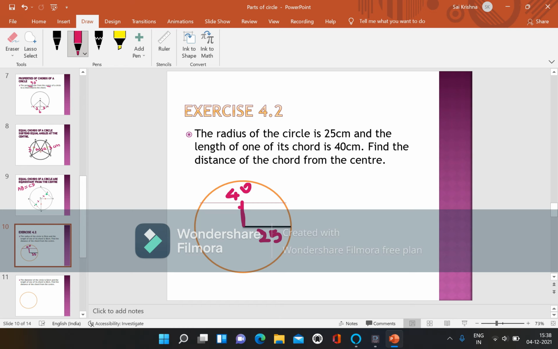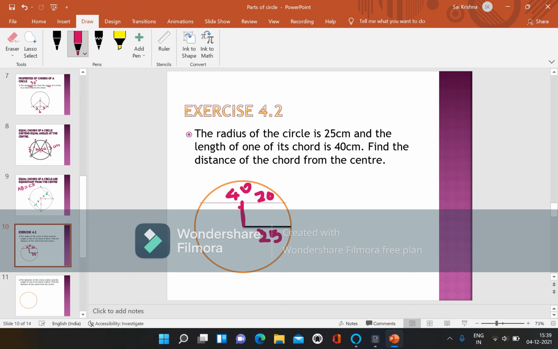So the whole length is 40, and we have already seen that the distance between the center of the circle to the chord, if we make 90 degree, then it bisects the chord. So half of it is 20.